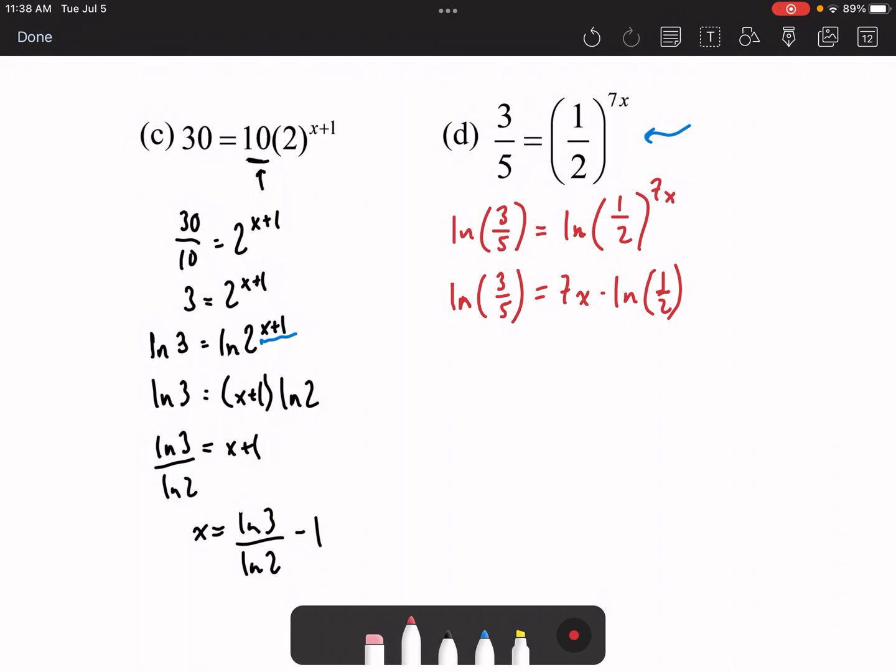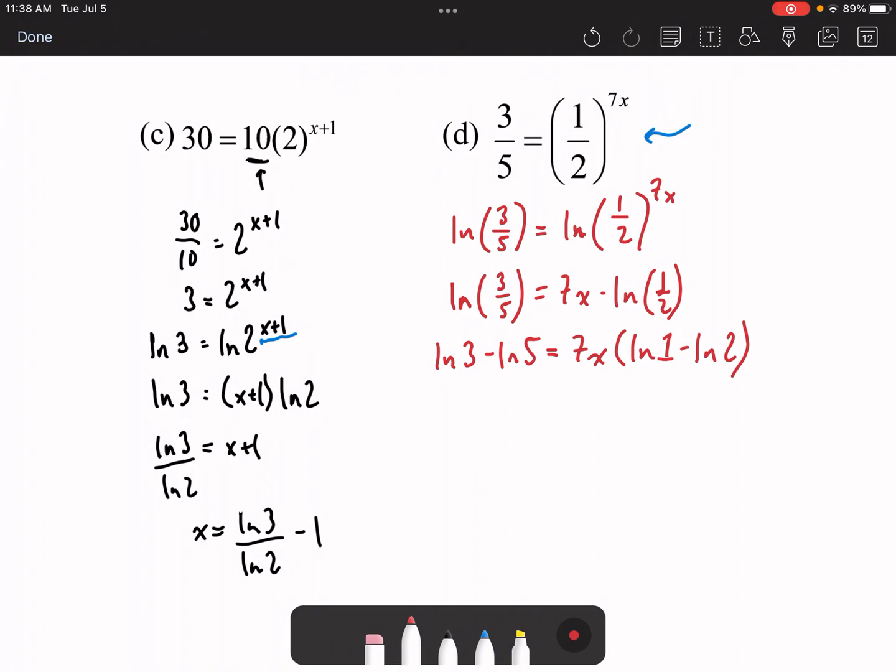Some professors or teachers prefer you to break down natural logarithms that can be broken down a little easier into natural logarithms of just one whole number. So ln of 3/5 can actually be rewritten as ln 3 minus natural logarithm of 5. By the same idea, the natural logarithm of a half can be written as ln of 1 minus natural logarithm of 2.